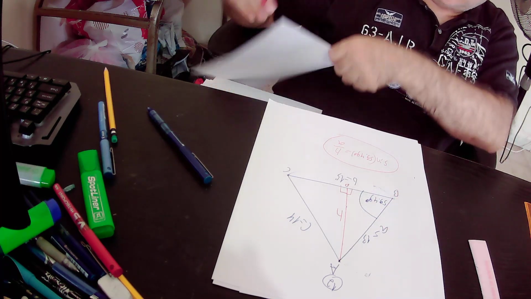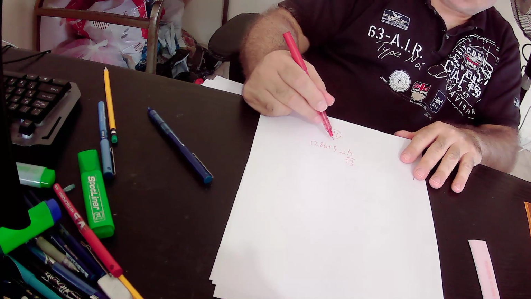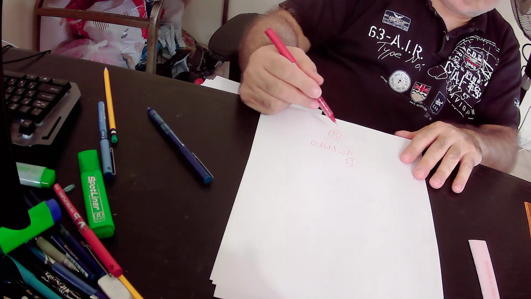So in total we got that 0.8615 equals h over 13.